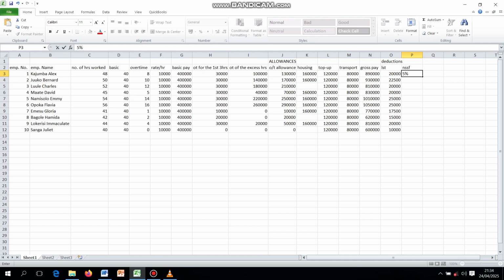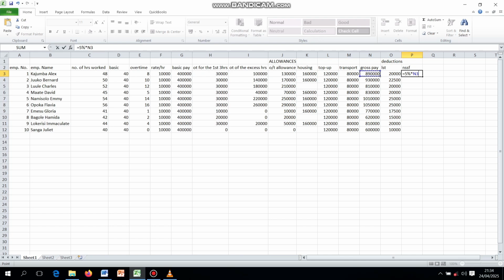Then I'm going to multiply it with the gross pay, which is this. Oh, sorry. I'm going to use our formula, which is equals 5%. Then I'm going to multiply it with our gross pay, which is this.